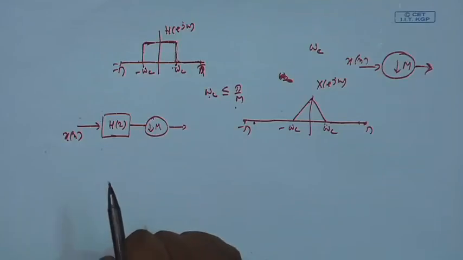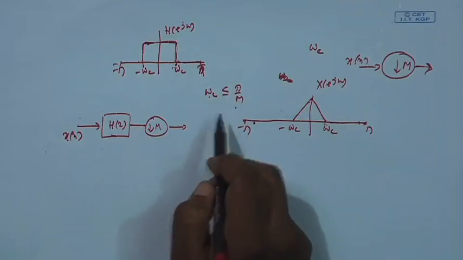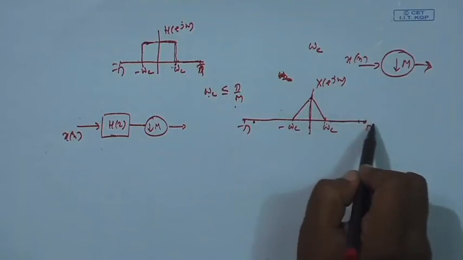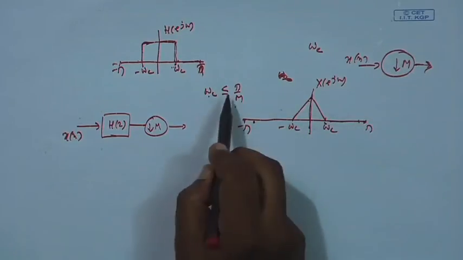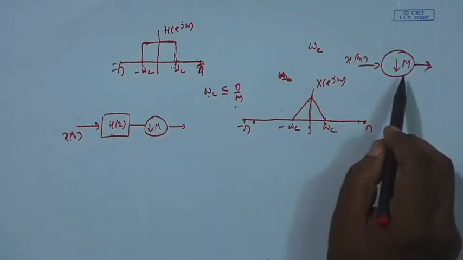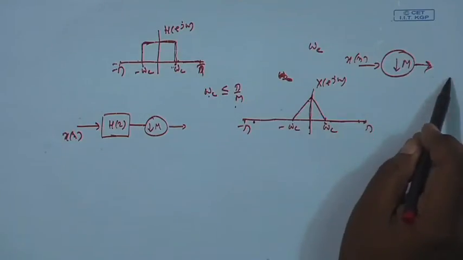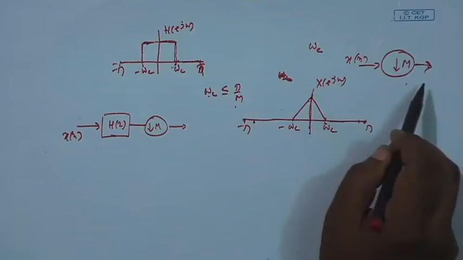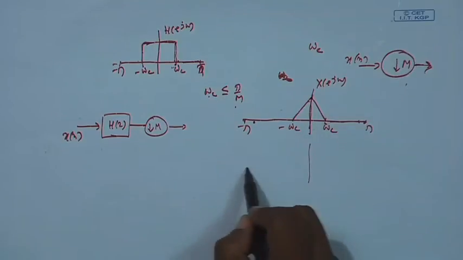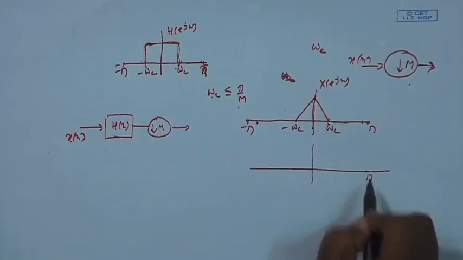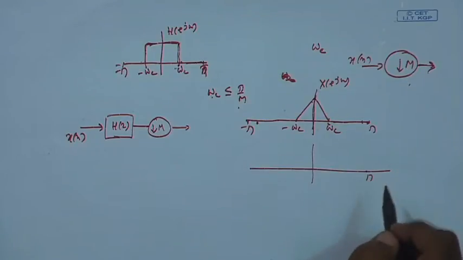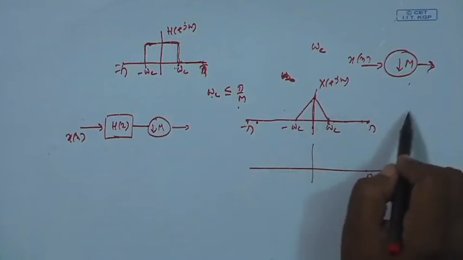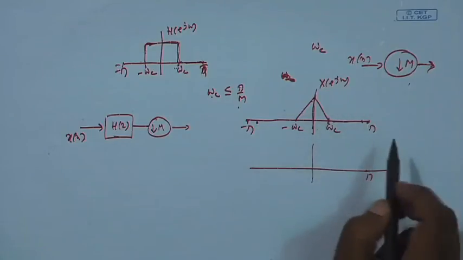This we have seen. I am repeating: if omega c is less than or equal to pi by M, the input band will be only within this. After decimation, the new sampling rate will be M times less than the original, and the new half sampling rate will map to pi. Therefore all frequencies of the signal will be expanded.